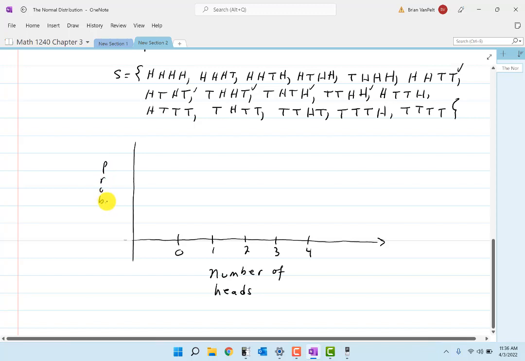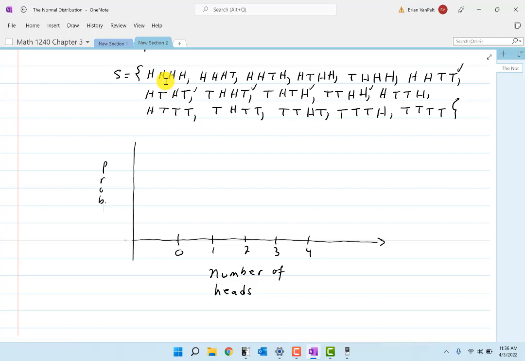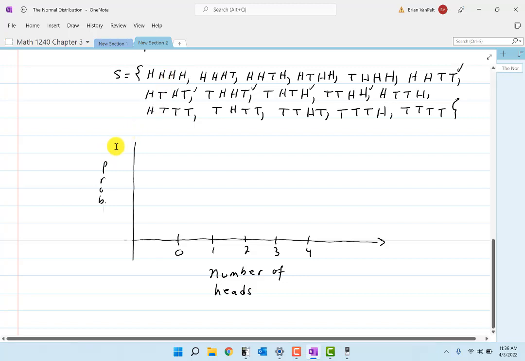Now, once again, here everything has a probability of 1 over 16 of happening. And 1 over 16 is 0.0625. So let's start with 0 heads. That would be 4 tails. Its probability is going to be very small. What I'm going to do is 0.125 like I had before.